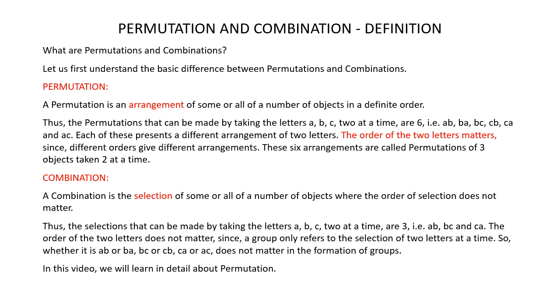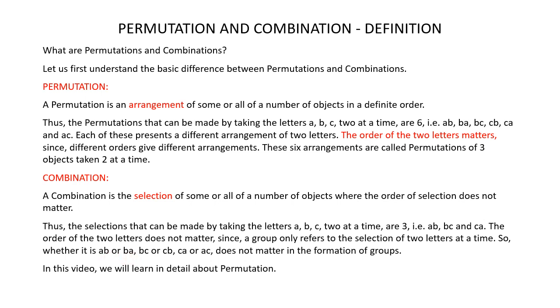As you can see here, the order of the two letters does not matter in the combination because in combination you have to select two letters, and whether you select AB or BA from the three letters A, B and C, it is the same. Whether you select AB or BA, it is the same because you're selecting the same two letters.